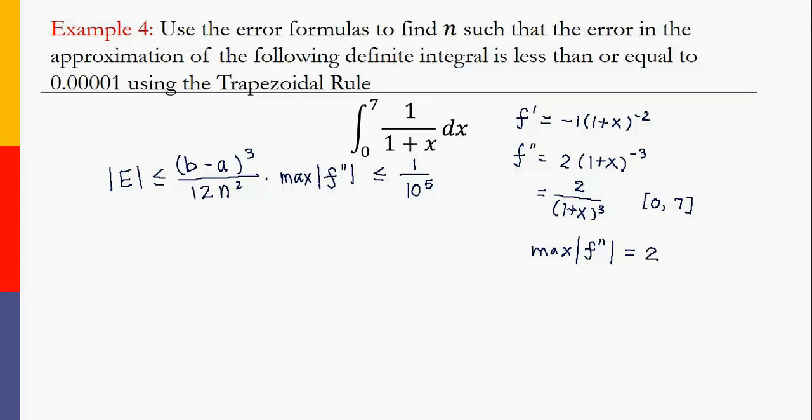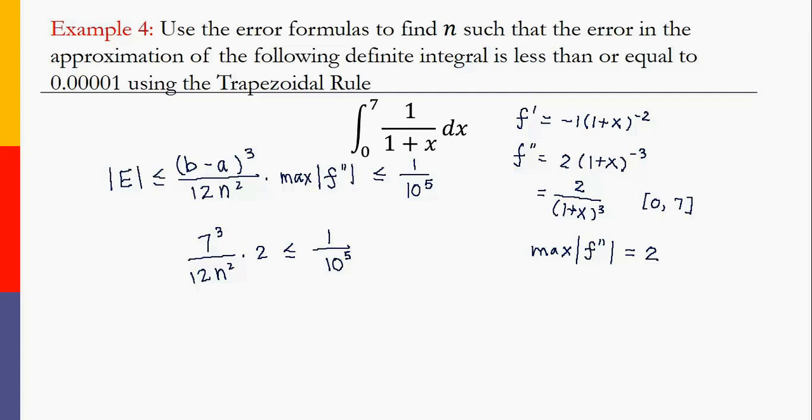Now we plug everything into the formula to calculate n. b equals 7, a equals 0, so we have 7 to the third power divided by 12n squared, times the maximum of f double prime, which is 2, is less than or equal to 1 over 10 to the 5th power.